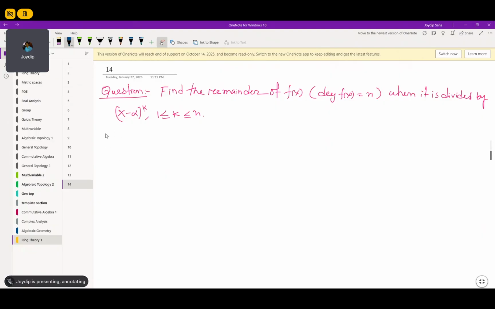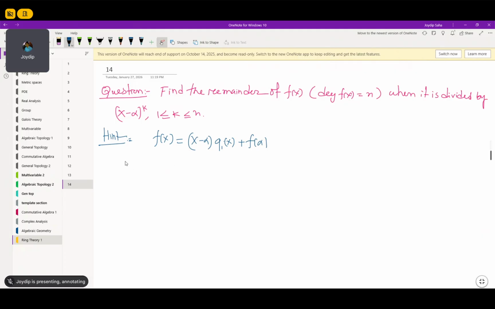Hint: if f(x) is divided by x - alpha, then f(alpha) is the remainder.